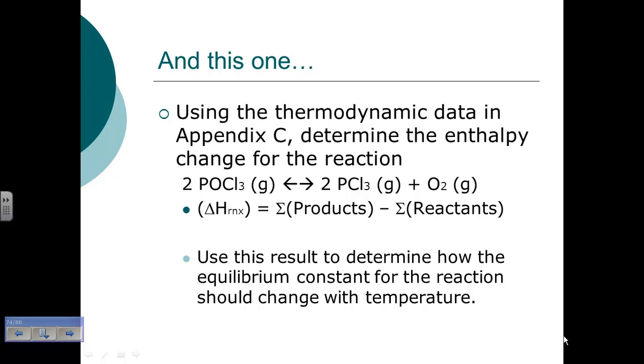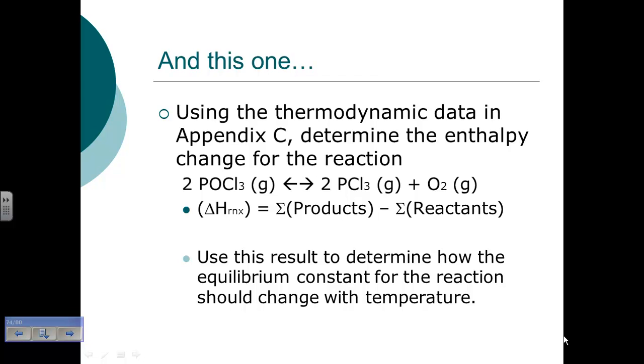Another opportunity to try one. Using our Appendix C, says this example, determine the enthalpy change for the following reaction. 2 gaseous moles of POCl3 in dynamic equilibrium with 2 gaseous moles of PCl3 and 1 gaseous mole of oxygen.